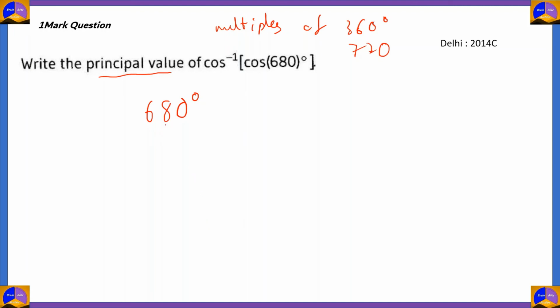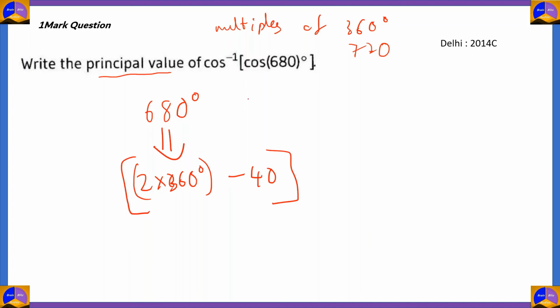So what we'll do is we'll write 680 as 2 times 360 degrees, so that is 720, minus 40, which is the difference.